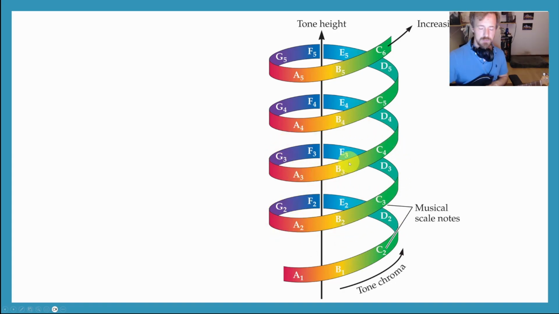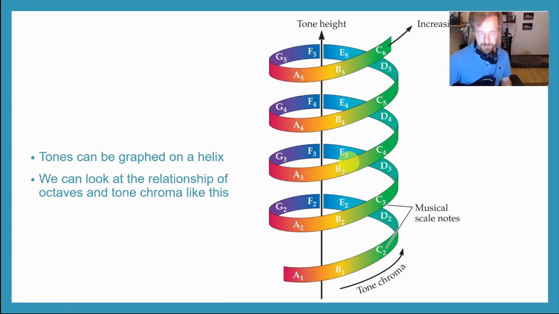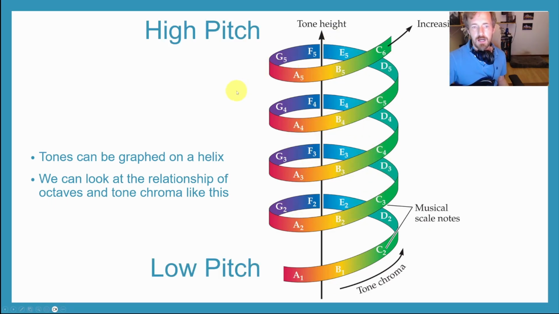It's this spiral, this helix pattern. They try to color code the sounds so that you can see that even though we're getting higher pitch, what repeats itself is the tone. As we increase that pitch, we cycle through all of these intermediary notes.